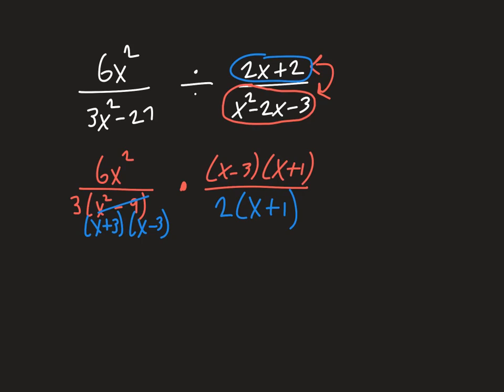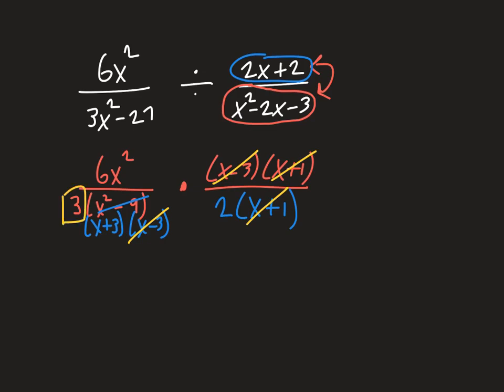Now we can treat it just like a multiplication problem. We're going to start looking for any common factor in the numerator which can be canceled in the denominator. Okay, so let's see. What can we do? Anyone see an x minus 3 over an x minus 3, an x plus 1 over an x plus 1? The denominator, take a look.